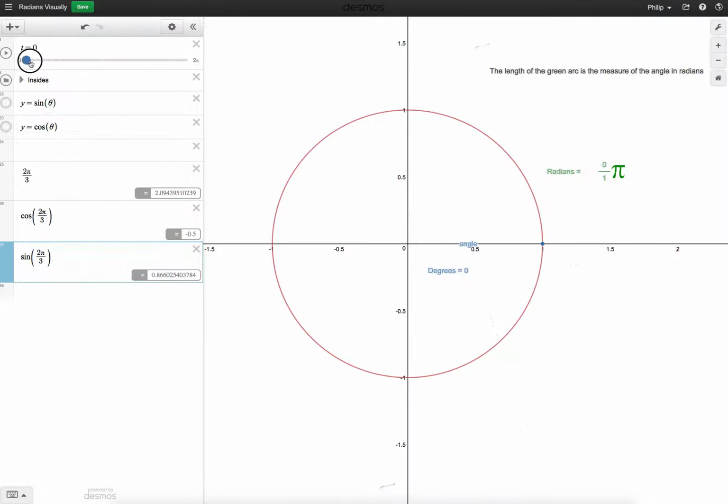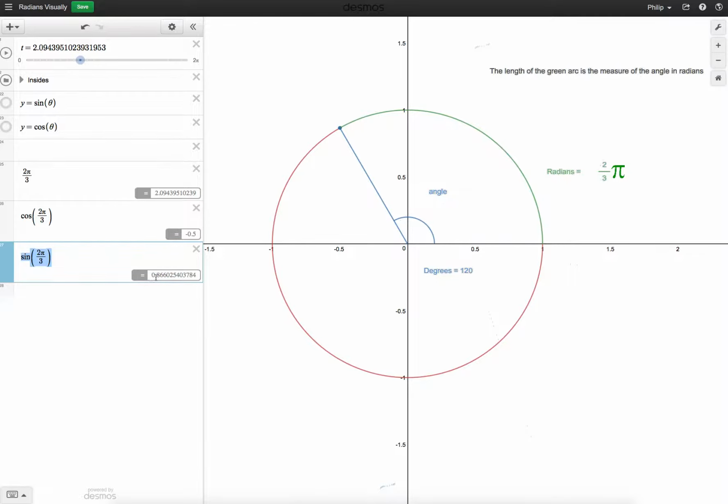All right, so let's go ahead and walk along the unit circle until we get to 2 pi over 3, which is right here. And so again, we should see the x-coordinate is negative 0.5, and the y-coordinate is 0.866. And that is exactly what we see. So if I plug in any of these points, any distances, what we should see is that the cosine function will tell us our x-coordinate, and the sine function will tell us our y-coordinate.